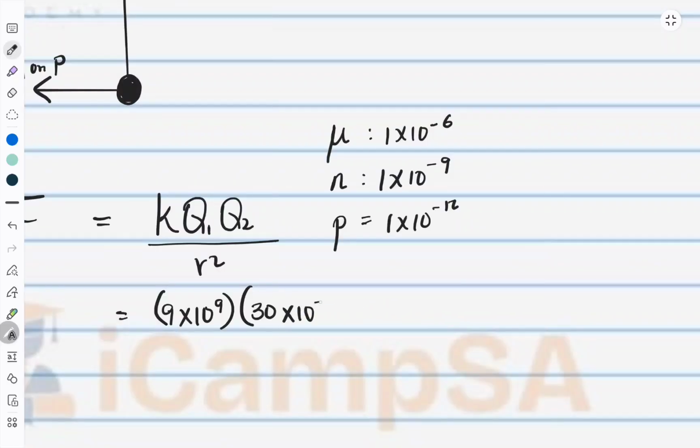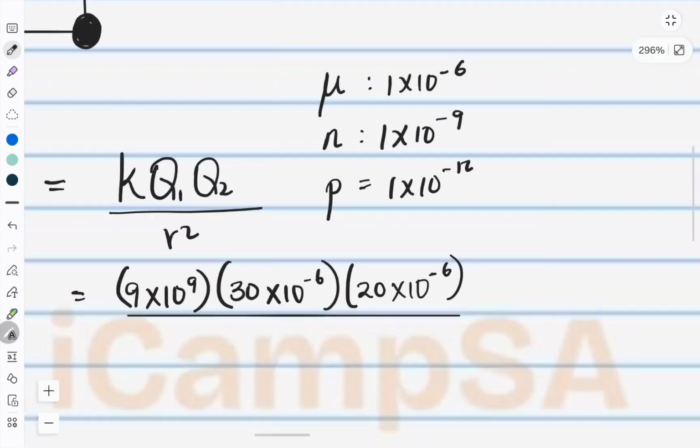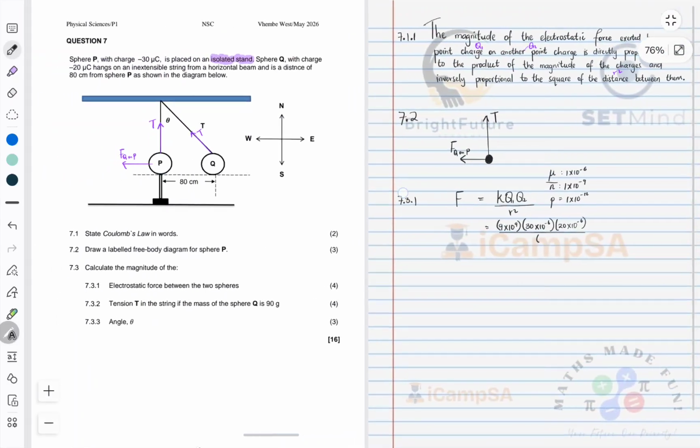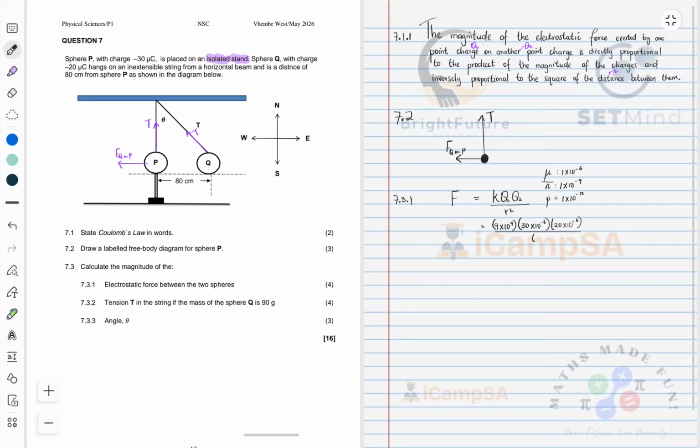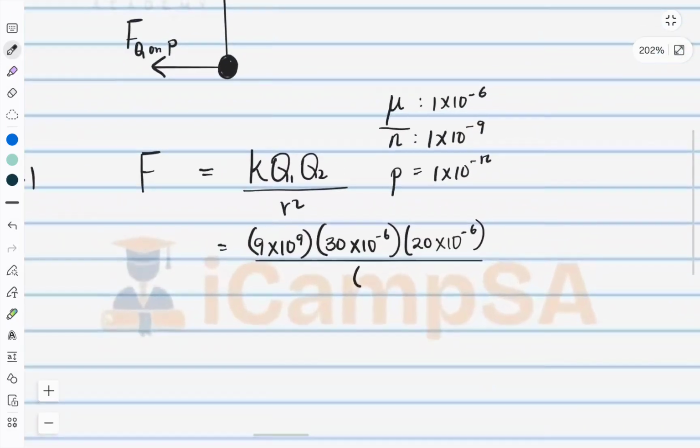But I prefer just doing it one by one, so that in case the charges are not of the same magnitude, I could always pick it up. You do that if the charges have the same magnitude, like they are both microcoulombs in this case. And we are told that the distance between both of them is 80 centimeters. 80 divided by 100 is 0.8.